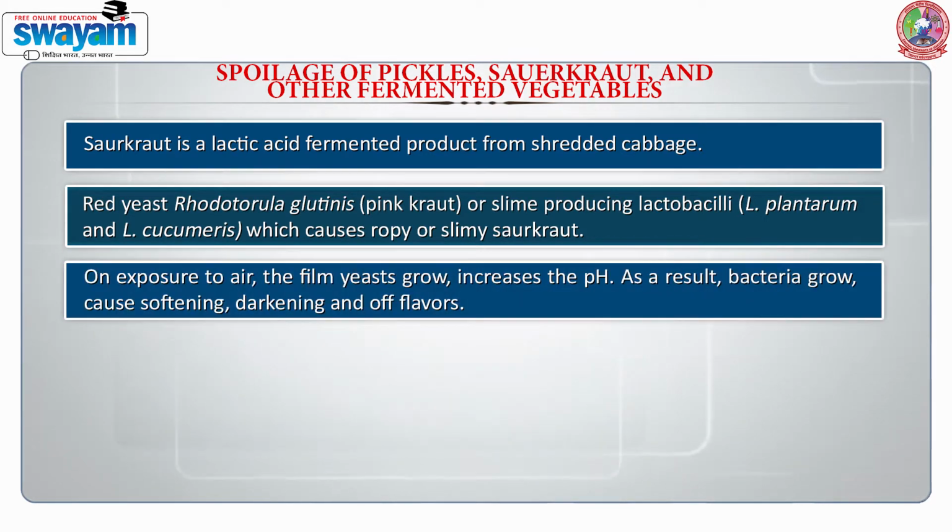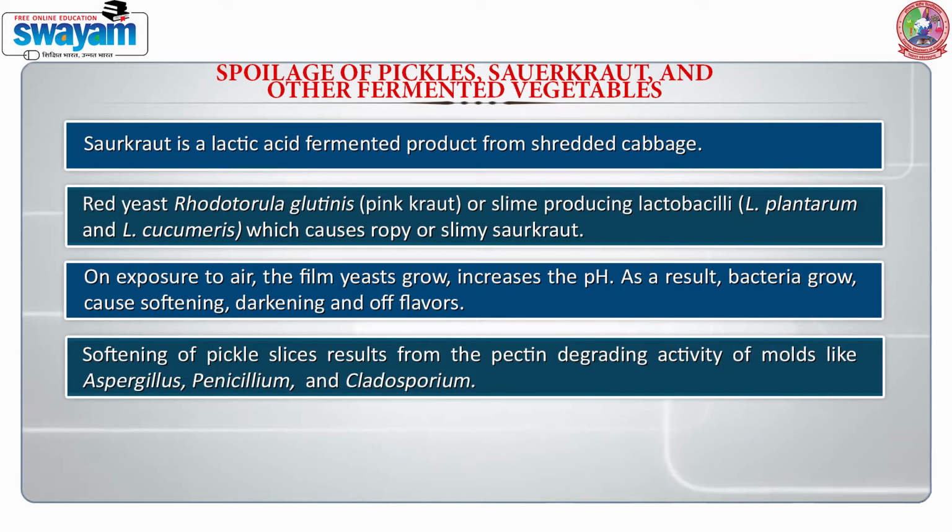On exposure to air, the film forming yeast are also able to grow, and due to their growth there is an increase in the pH of the sauerkraut, and this increase in the pH is not a desirable feature. Once the pH increases, it makes the conditions conducive for the growth of bacteria, and the bacterial growth causes softening, darkening and development of off flavors.